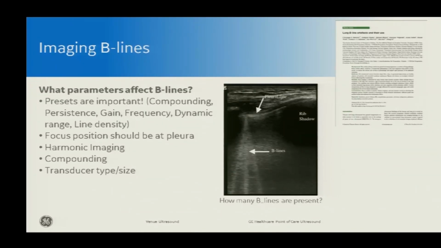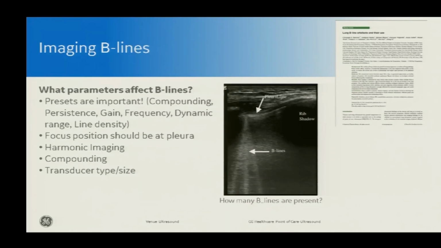Now, if you recall what compounding is, it's actually the beam being steered in multiple directions and then merged together to create one displayed image. This is great in B mode because it gives us closer to specular reflection for different boundaries and enables us to see the edges of all kinds of tumors or organs.